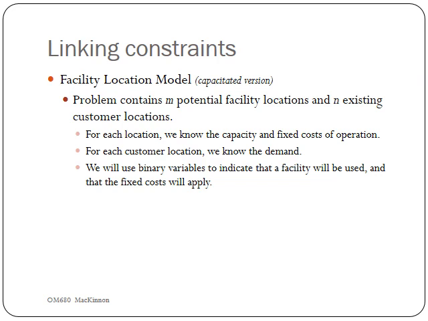Okay, for each location, we know the capacity and the fixed costs. For each customer, we know the demand. So we're going to use binary variables to decide whether the facility will be used or not, and that the fixed costs will apply. And you're going to see that this is very much like the classic transportation model that we've been doing.